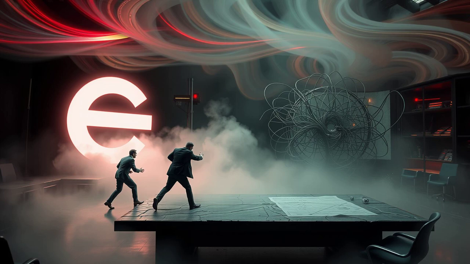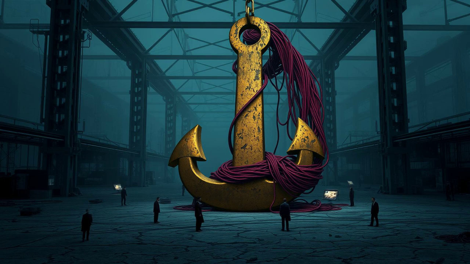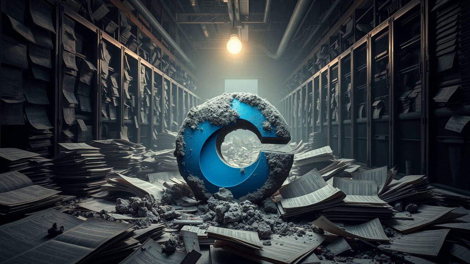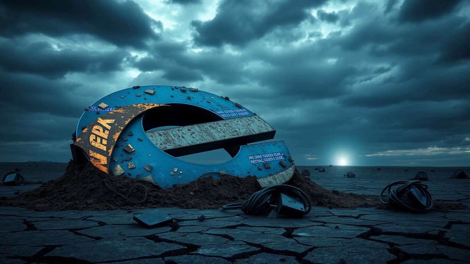Internet Explorer's story becomes a potent symbol of how quickly power can shift, how innovation can be both a tool for dominance and a catalyst for downfall, and how the digital world is in a constant state of flux, building upon and discarding its past with ruthless efficiency.